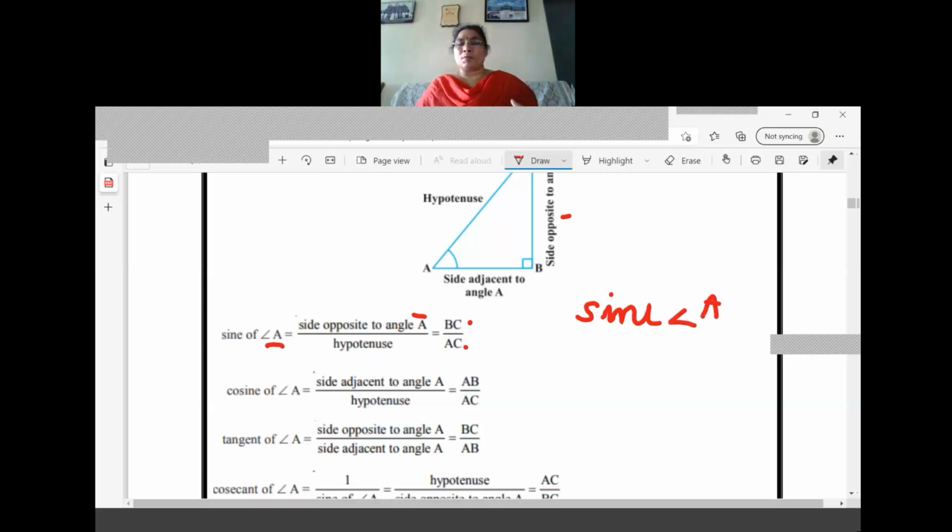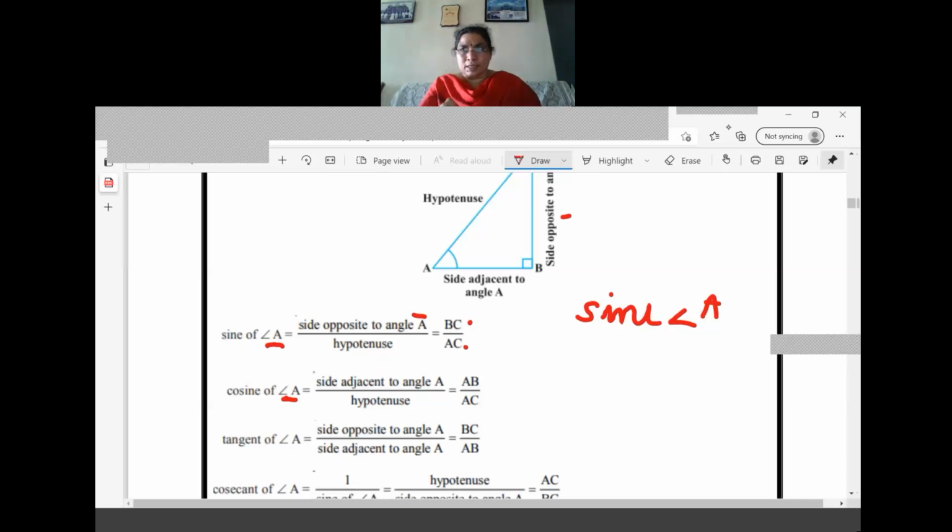Now, similarly, what is the next ratio? The adjacent side with respect to the hypotenuse, with respect to A only we are writing now, right? So with respect to A, what is the adjacent side? It is AB only. So AB divided by the hypotenuse, that is AC, right? So what is the name? Cosine. Cosine of angle A. This is a ratio only.